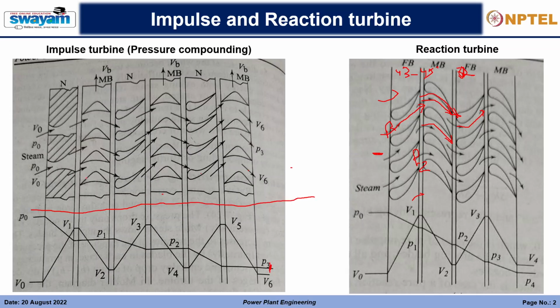Here these are fixed, and these are moving. Now you need to give a force in this direction, right? So what is the force being delivered here? The tangential force is being delivered due to the steam coming in here and leaving here.